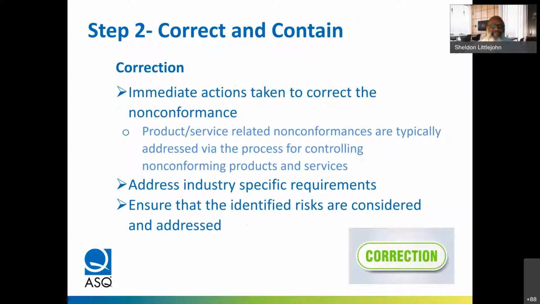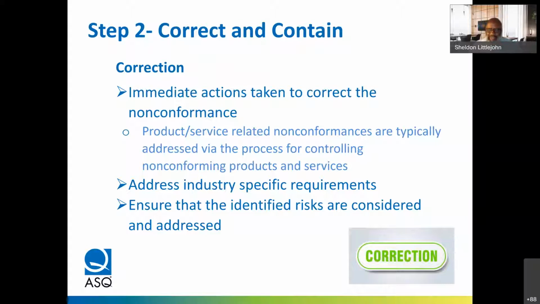The second step is to correct the nonconformance. In correcting the nonconformance, what we want to do is to ensure that the condition of nonconformity is eliminated. So what comes to mind, if you're looking at a procedure that's not meeting a particular requirement, we could update that procedure as a correction.